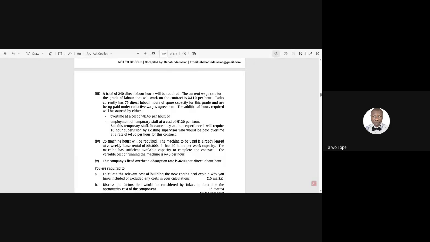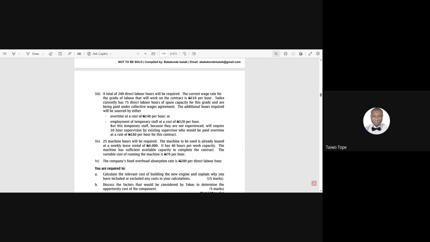You need 165 hours, isn't it? So if you are employing overtime and you are paying 140 naira per hour, how much will be the total cost of labor? 23,100. That is one option. Put it one side. The other option is what?